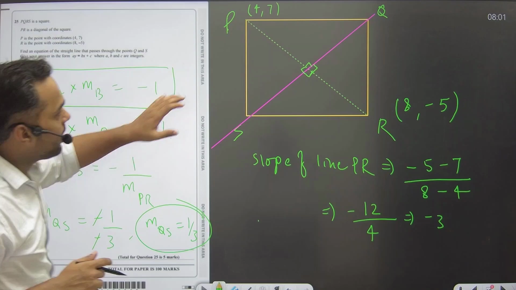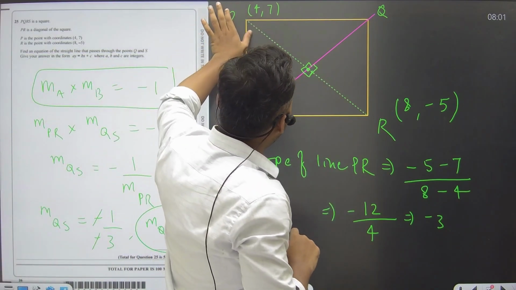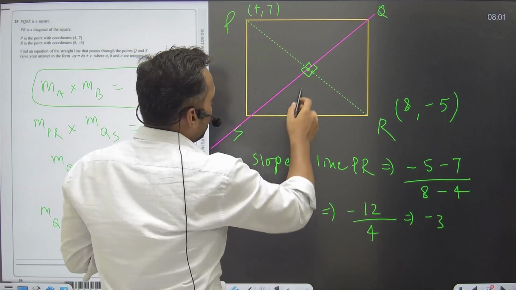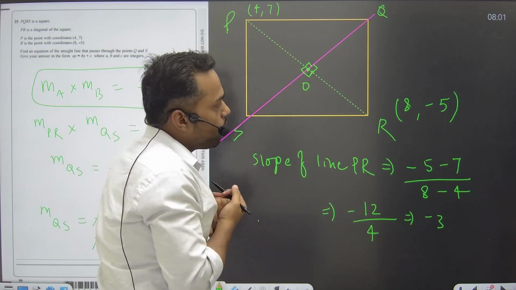Now see, let's suppose this point as O. What will be the coordinate of this point O?